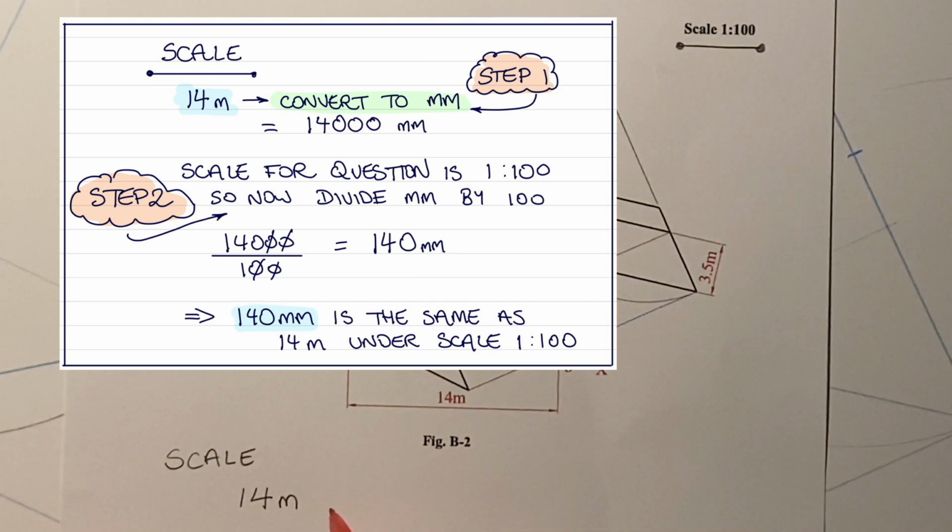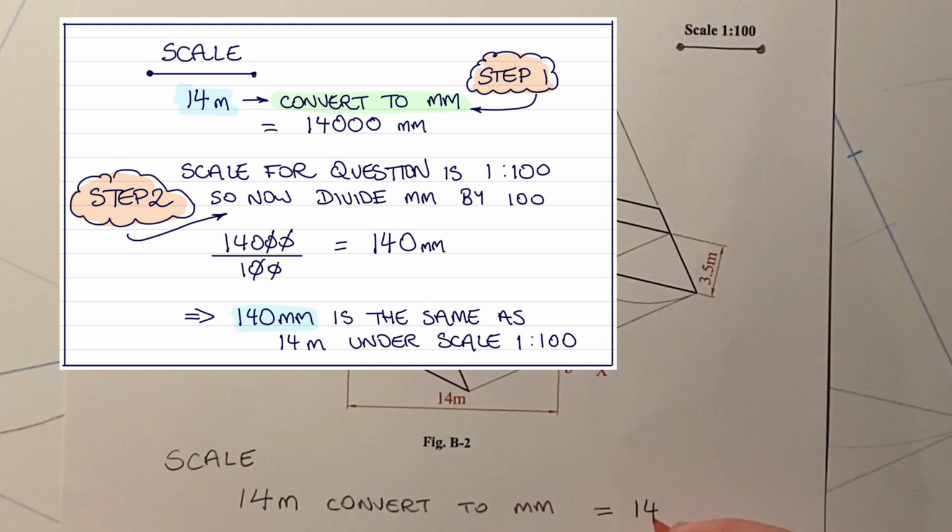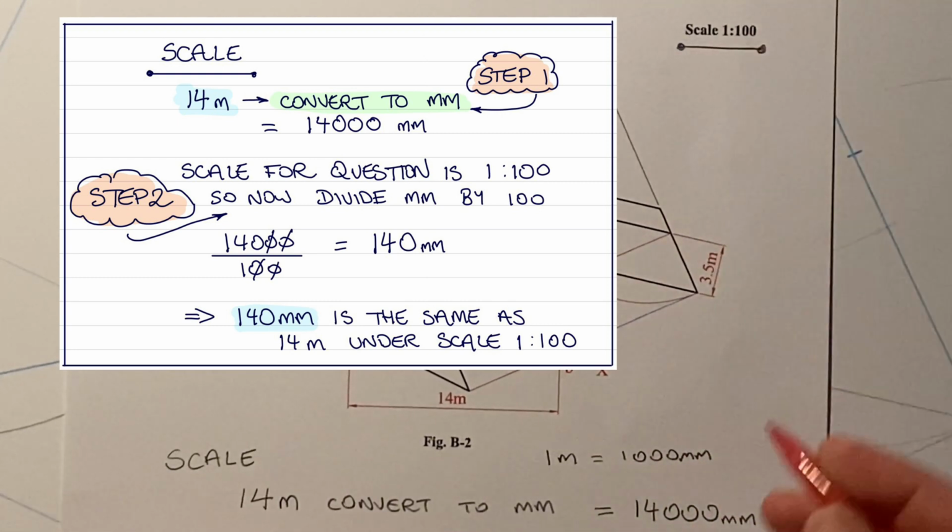So what that means is you convert this to millimeters, which means that is the equivalent of 14,000 millimeters, because you're multiplying by 1000. There's 1000 millimeters in a meter. So 1 meter is equal to 1000 millimeters. And then what you will always do is divide that by whatever number is on the scale.